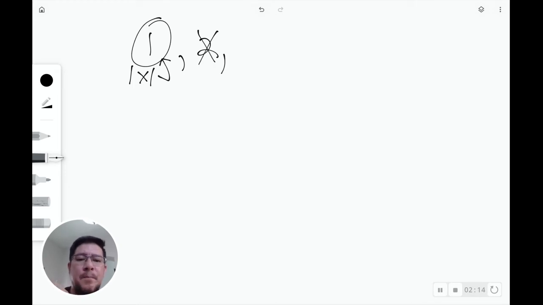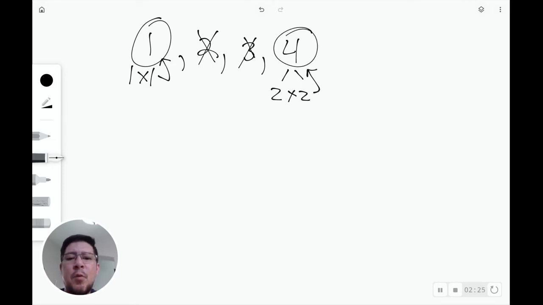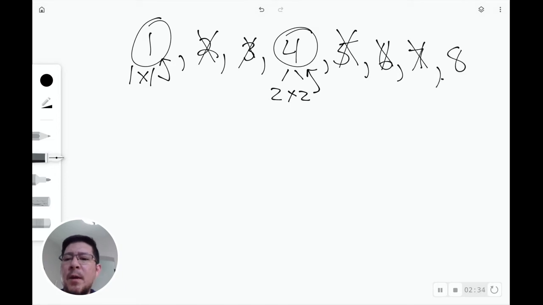The same thing with 3. What about 4? Yeah, 4 is a perfect square because 2 times 2 gives me 4. What about 5? Not 5. Same thing with 6, same thing with 7, same thing with 8. What about 9? Yeah, we just talked about this.